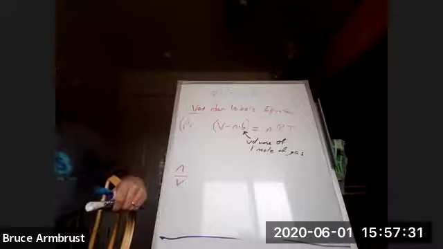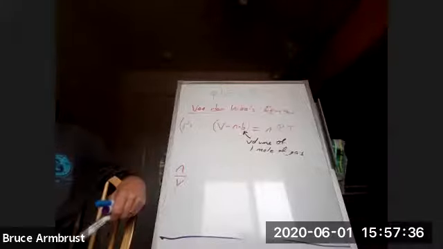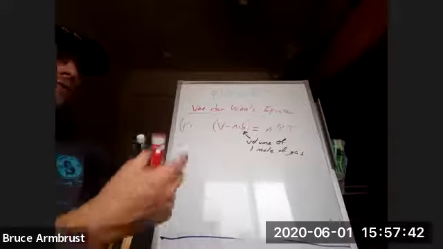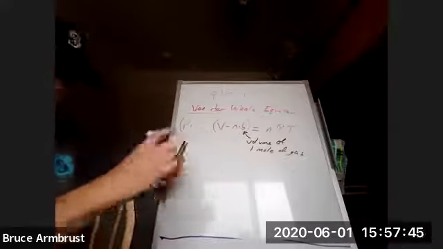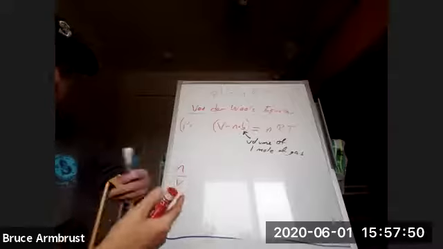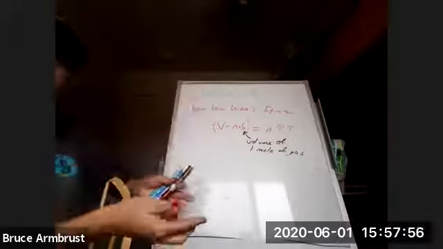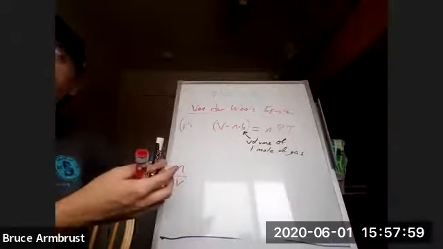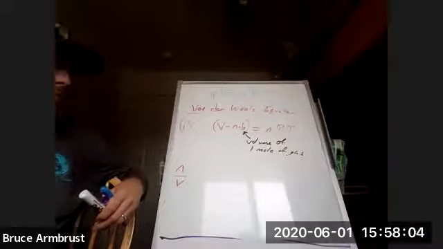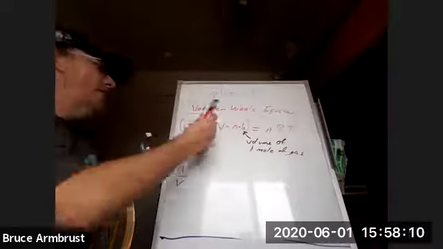Okay, but the n over V is not enough. We actually need to square that. And the idea behind the squaring of it is that, let's say we've got a balloon. Okay, so we've got a nice spherical balloon. All of that increased pressure due to the concentration has to be spread out over the entire area. And as we saw, the entire area, that's an r squared kind of deal. So we're not just going to look at n over V, we're going to look at n over V squared.